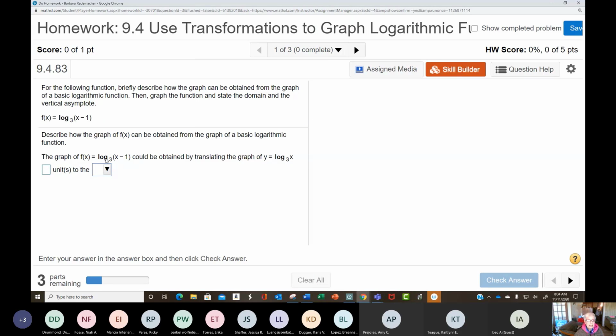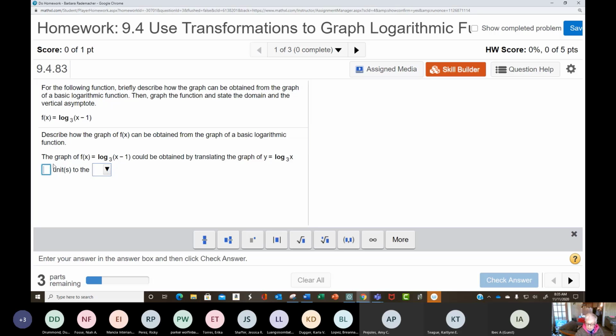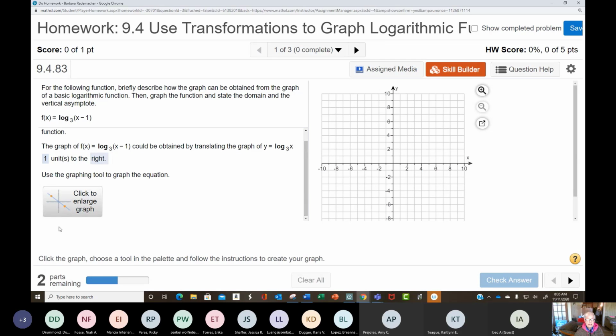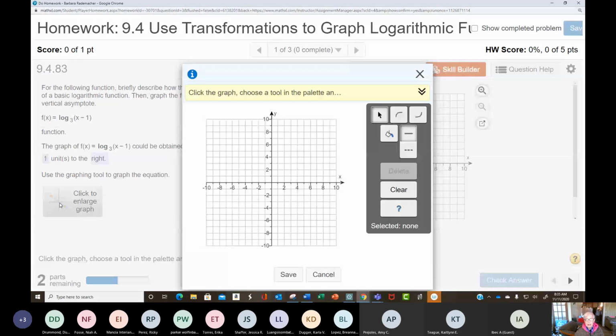So the graph of f of x equals log base 3 of x minus 1 could be obtained by translating the graph of y equals log base 3 of x 1 unit to the right. Check answer. Yeah. Now we graph it. You don't have to know how to graph a logarithm function, except to know the general shape is this.